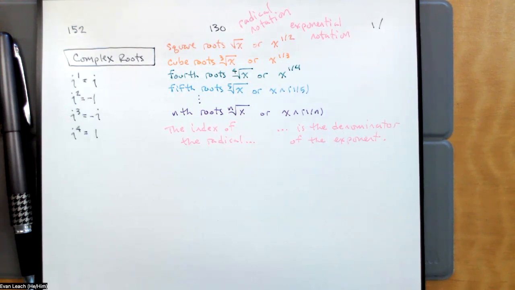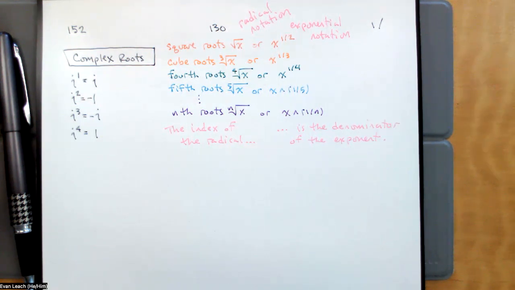This radical notation can also be written with fraction exponents. So we can write it with exponents, so fraction exponents, or radicals. They mean the same thing. The way to convert from one to the other is that the index of the radical is the denominator of the exponent.